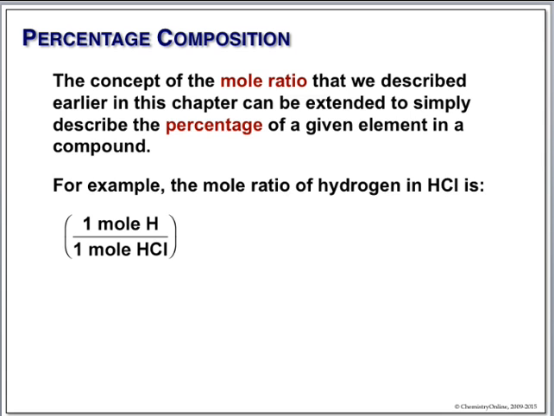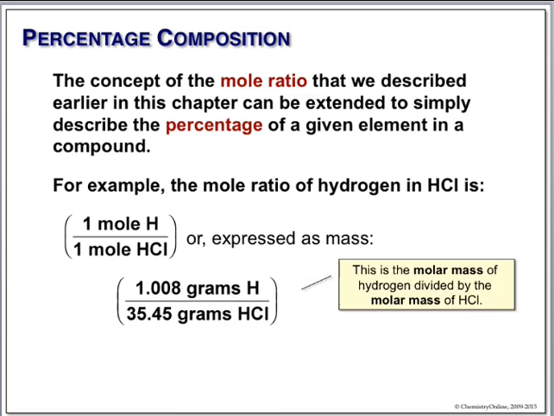Because we know how much these weigh, we can use this approach to calculate a mass percent. Now in our lab next week, we're going to do mass percentages. You're going to calculate one. So this is going to lead into that.